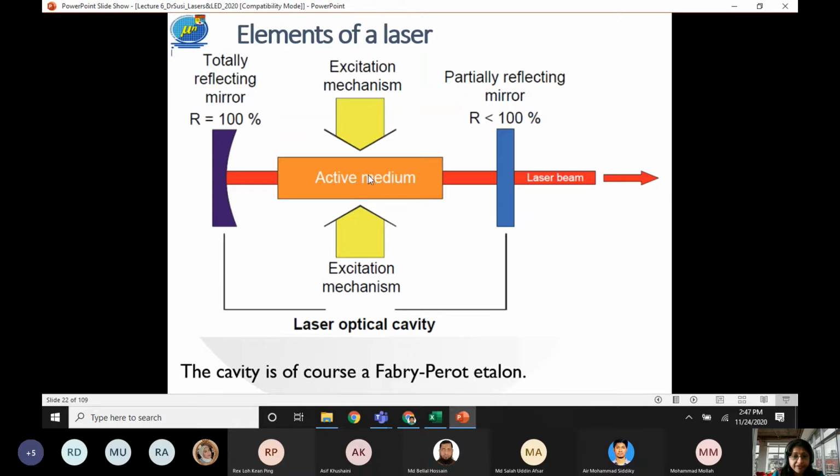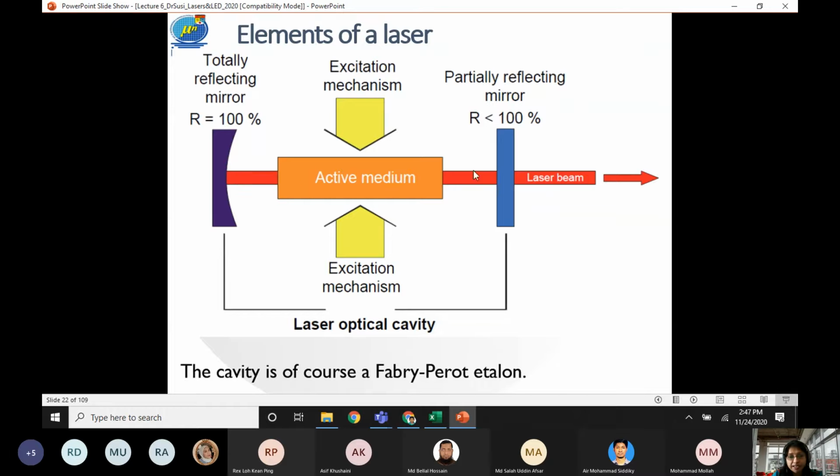This is the area where the population inversion happens, for example, helium neon. The population inversion happens here, and the excitation mechanism also occurs here. We pump it to a higher energy level, and light goes down to the lower energy level, and you have a photon emitted out. When the photon is emitted out, it oscillates between these 2 mirrors.